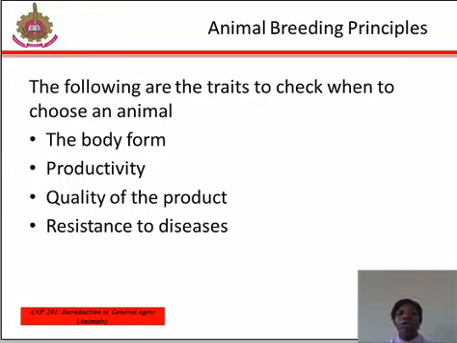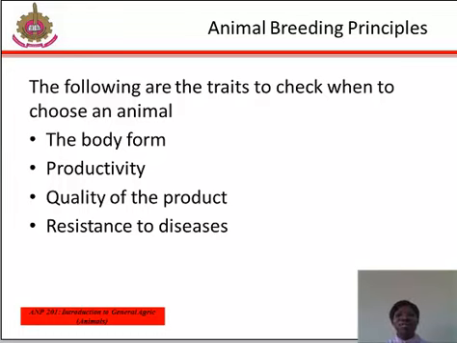So in addition to the quantity, the quality of the productivity is also to be taken into consideration during breeding experiments. The cattle which yield a low quantity of milk but have a high percentage of fat content are more prominent than those which have a high yield quantity of milk but with a low percentage of fat content.